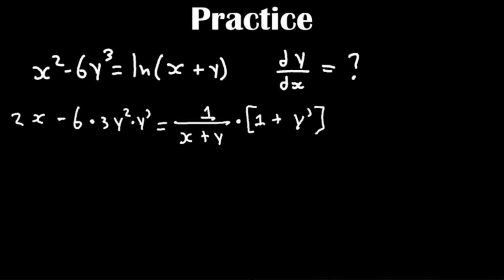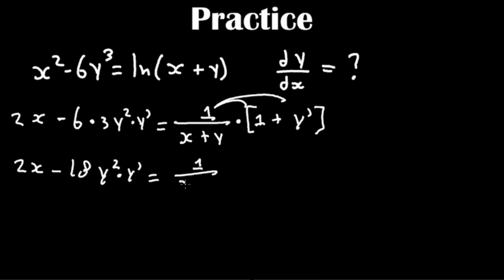So let's simplify a little bit. 2x minus, so negative 6 times 3, that's minus 18y squared times y prime, is equal to, let's distribute this 1 over x plus y: we get 1 over x plus y, plus 1 over x plus y times y prime.